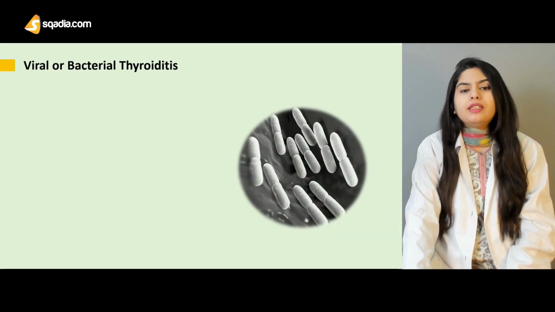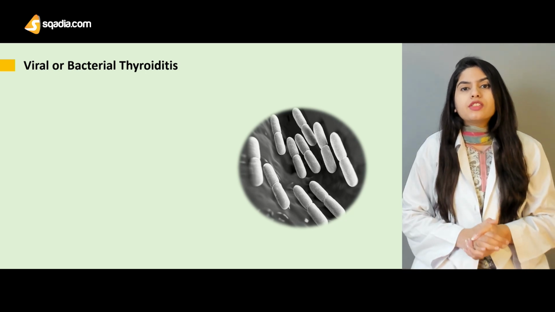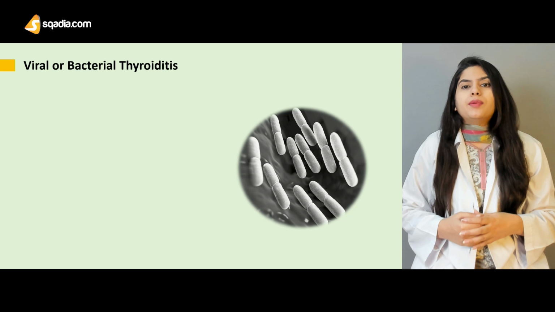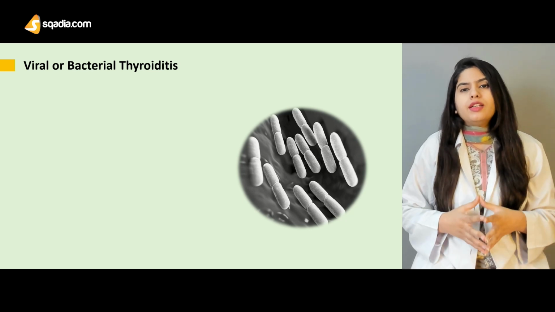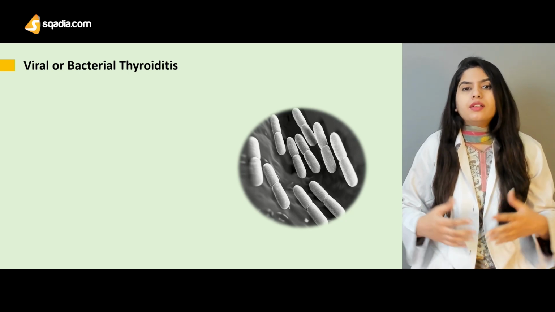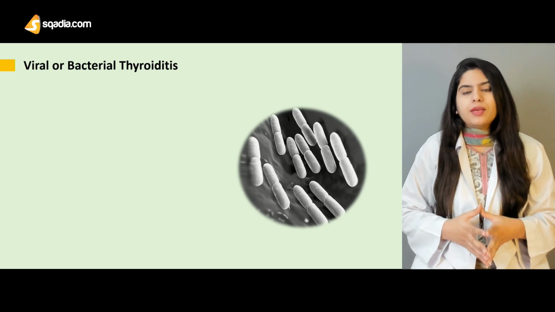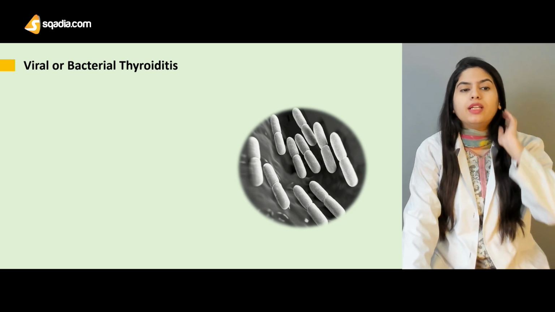Then viral or bacterial thyroiditis. Viral infection and bacterial infection can also cause inflammation or infection of the cells, and may cause dysregulation or death of some thyroid cells that can lead to hypothyroidism or a decrease in the hormone level.